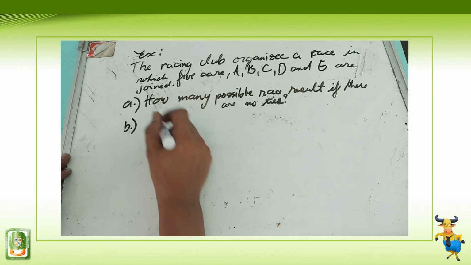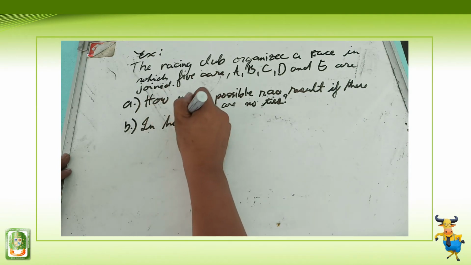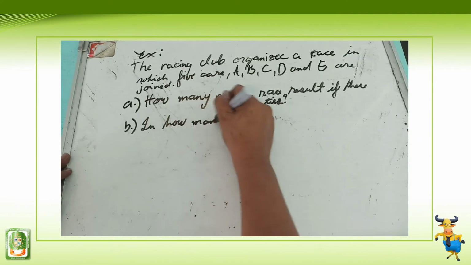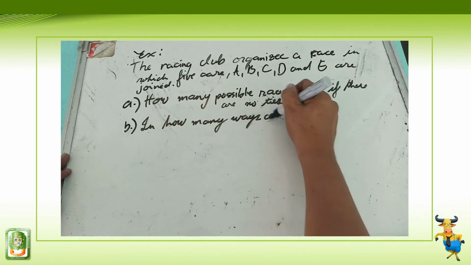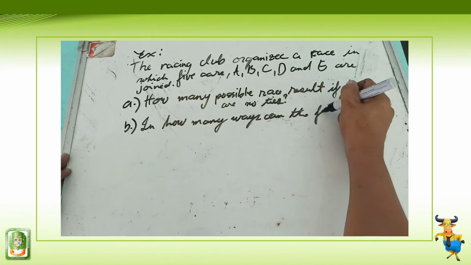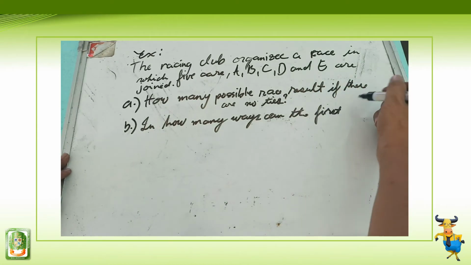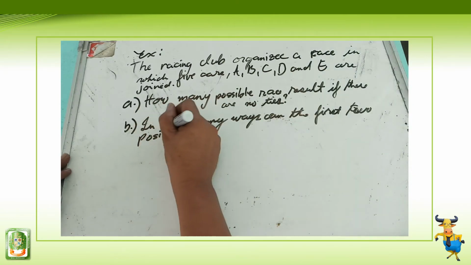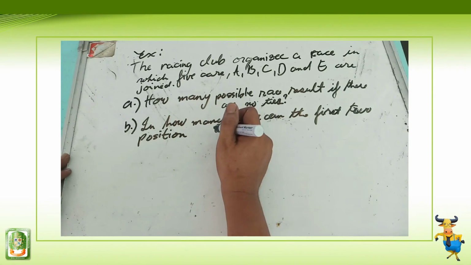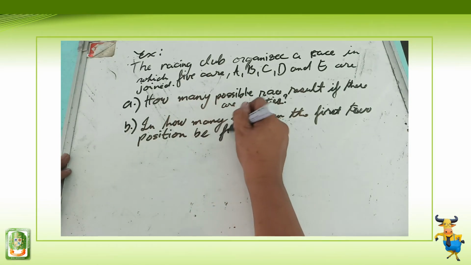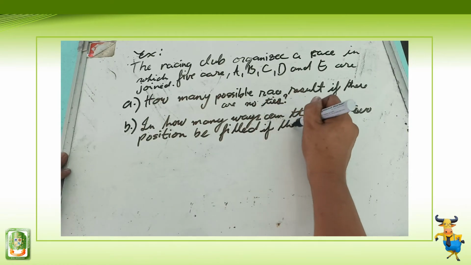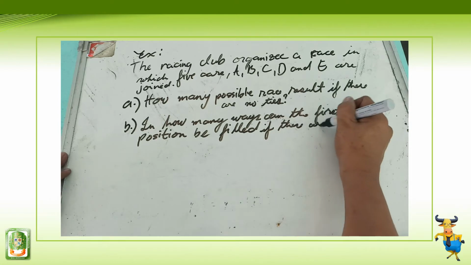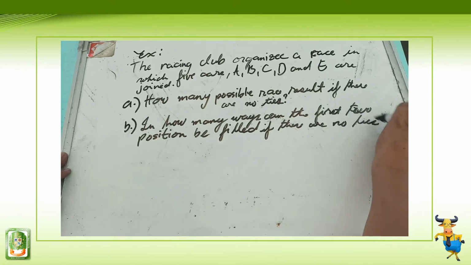Letter B question: In how many ways can the first two positions be filled if there are no ties?